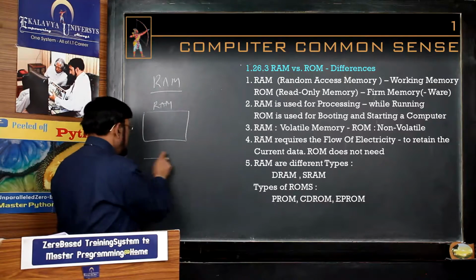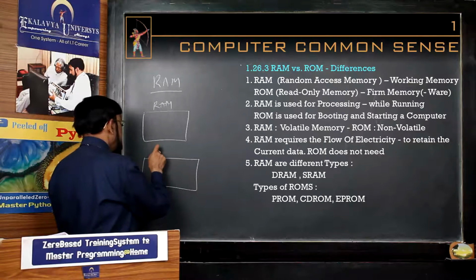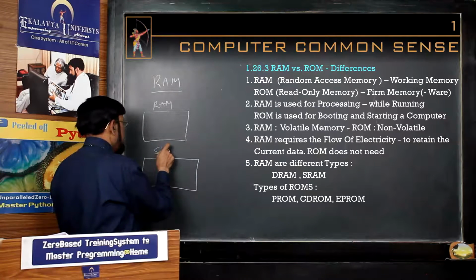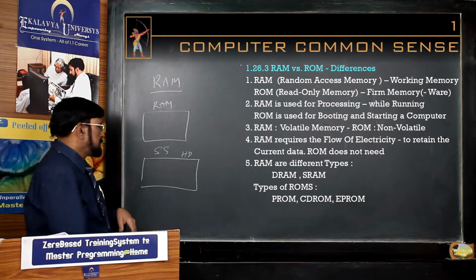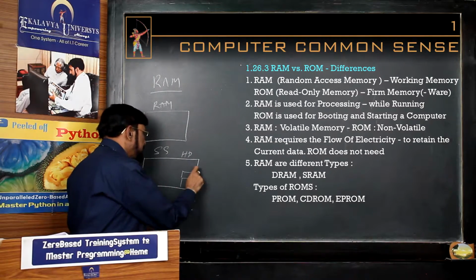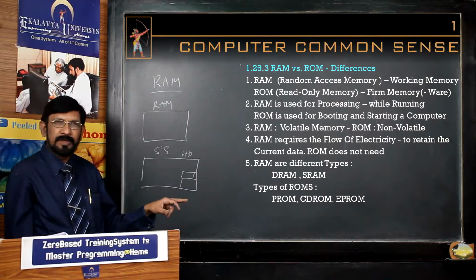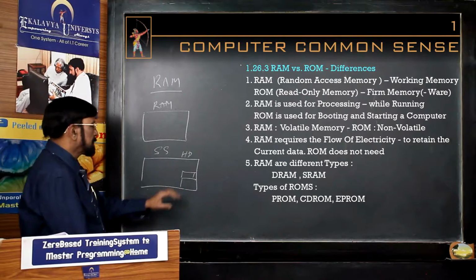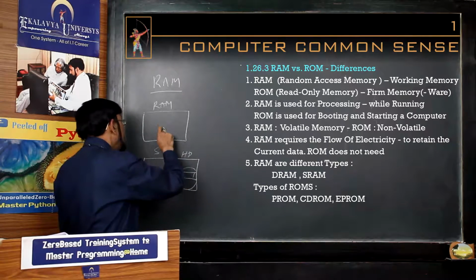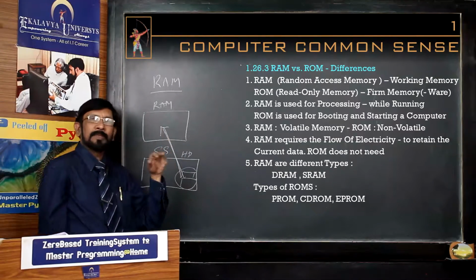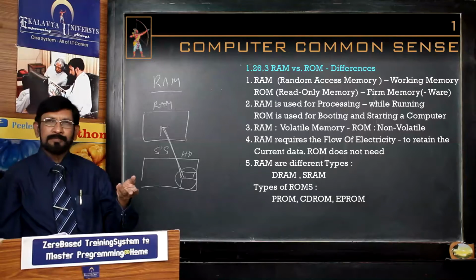Here you must understand one thing. This is secondary storage. Secondary storage means you can call it hard disk. So certain data and instructions which are stored in this cannot be processed here. If we have to process them, we have to bring them back to RAM. Then only processing will be done.